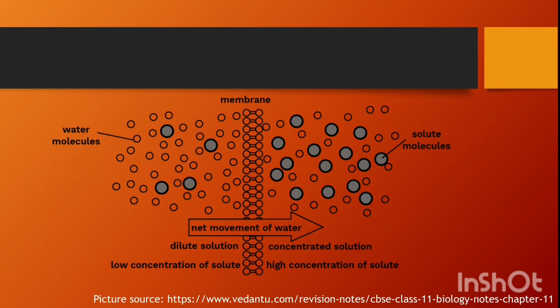So here in this picture, the movement of water from a dilute solution to a concentrated solution is shown, because water molecules or any solvent will move from their higher concentration to their lower concentration. Suppose it is a dilute solution. Dilute solution means here water molecules are more than the solute particles, and here it is a concentrated solution, meaning solute molecules are more than the water molecules.